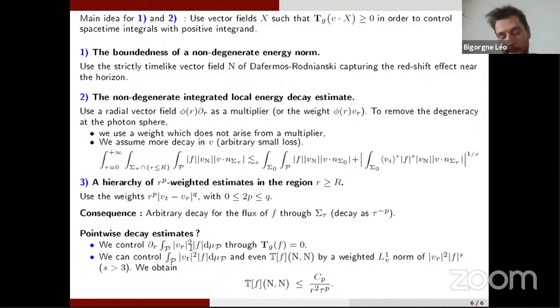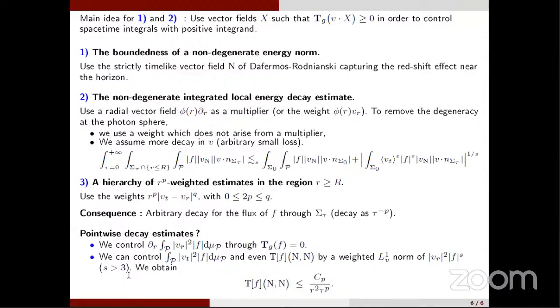And for this, I make a Hölder inequality, and I need for this to take s larger than 3. So you apply a Hölder inequality, and in one integral, you do not have f. You have 1 over v_r with a small exponent. And in order to be sure that this integral is finite, on the other one, you need to take s larger than 3.